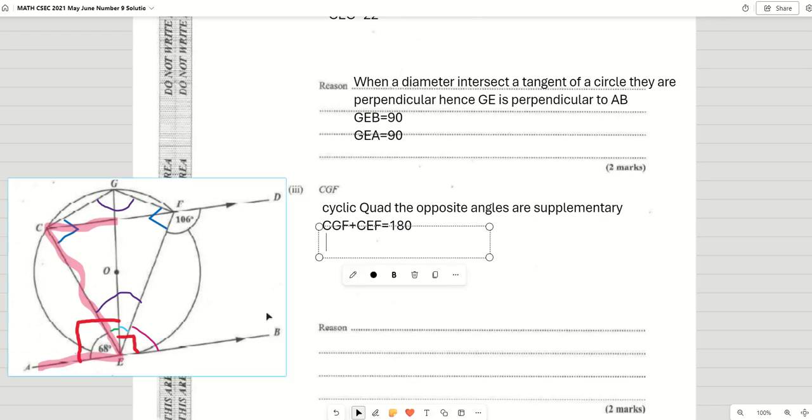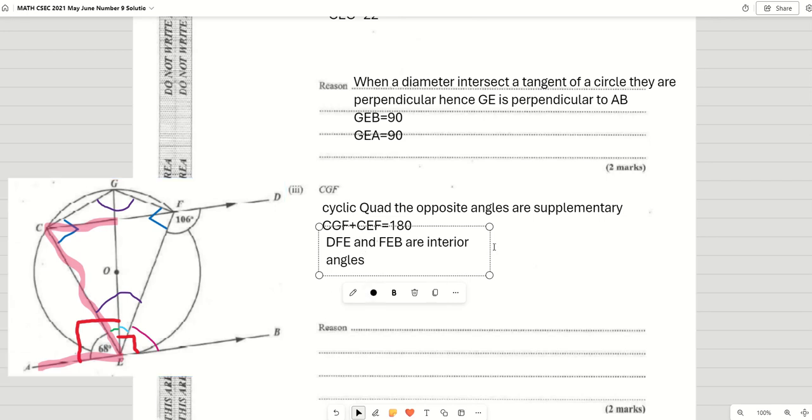Alright, so let's just go. So we can call that angle DFE and angle FEB are interior angles.